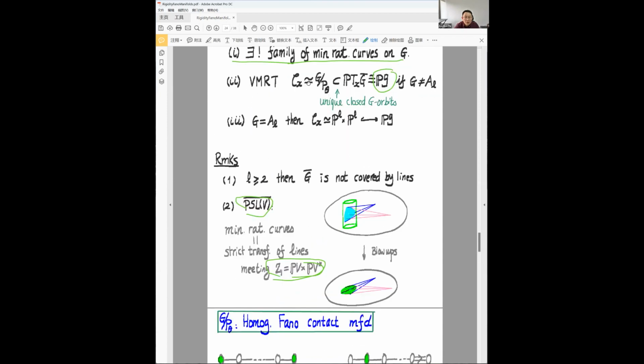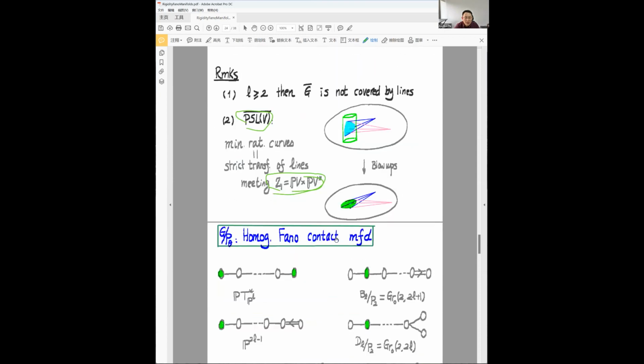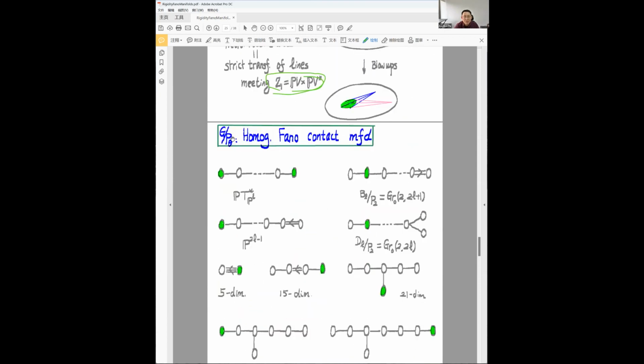And so we need to study this VMRT. The VMRT is just given by homogeneous Fano contact manifold, which are given by this variety.